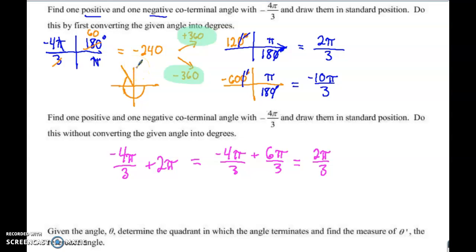When we get into the next unit, just looking at a problem in radians and knowing where it is in the unit circle and which quadrant it's in is pretty vital. But let's finish this real quick. You can also subtract 2 pi to get the negative coterminal angle. So the work is pretty much the same, and that's how you get negative 10 pi over 3.